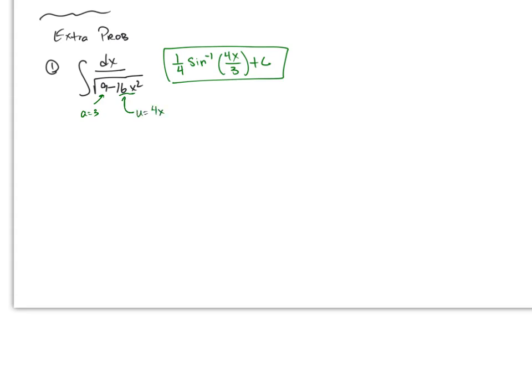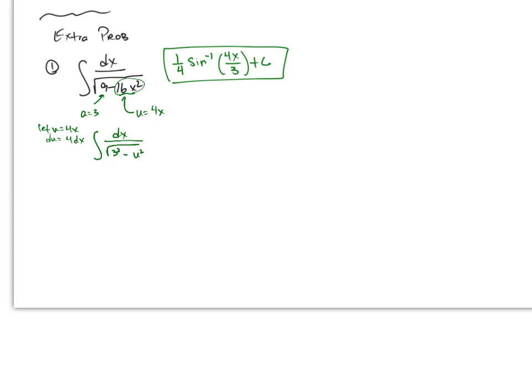It's what, when we square it, we get this answer right here, so we want to see what it was before we squared it. If I let u equal 4x, du would be 4 dx. And I know my a value, so I could rewrite this whole integral as dx over the square root of 3 squared minus u squared.